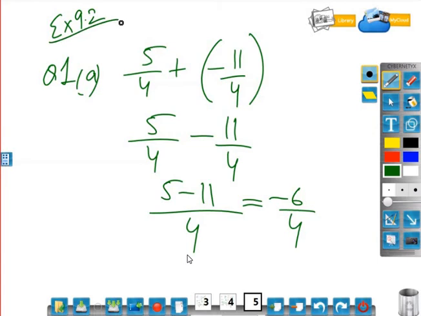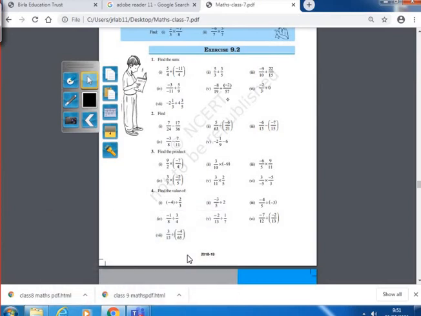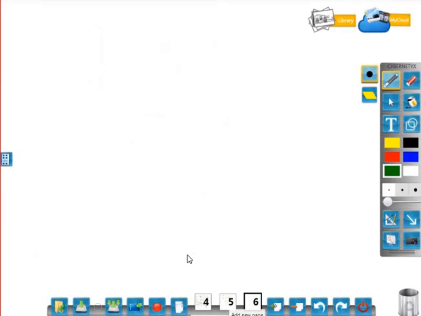Now we talk about the other part. You can discuss any part. Here we can talk about this also, minus 8 upon 19 and 2 upon 57.